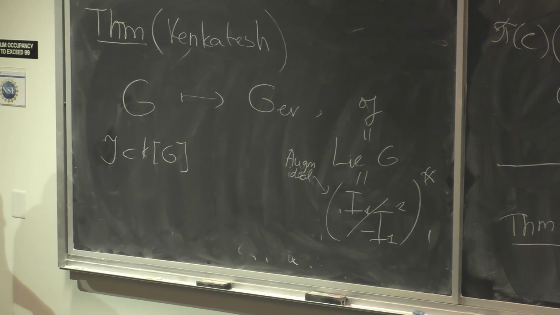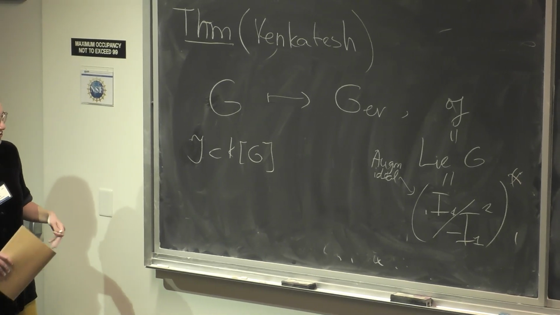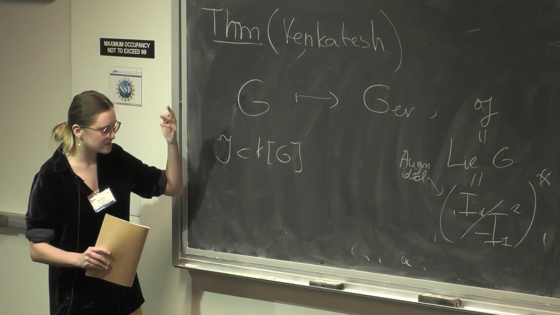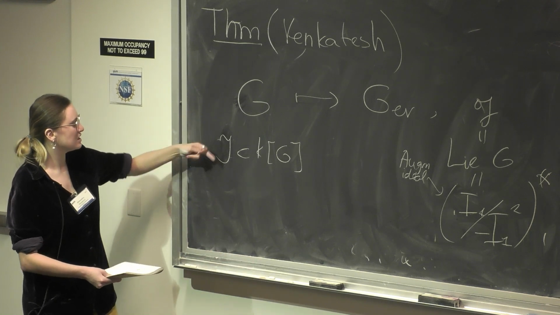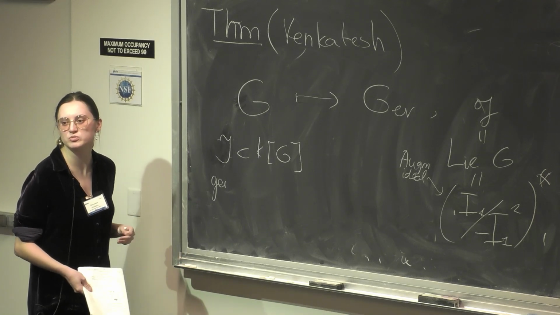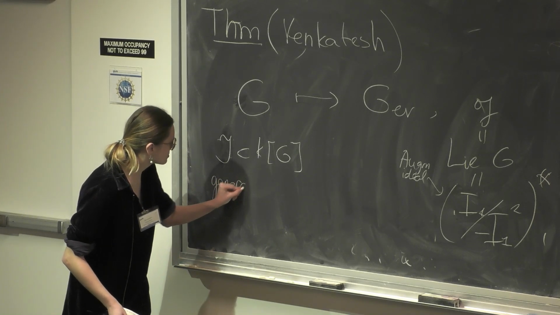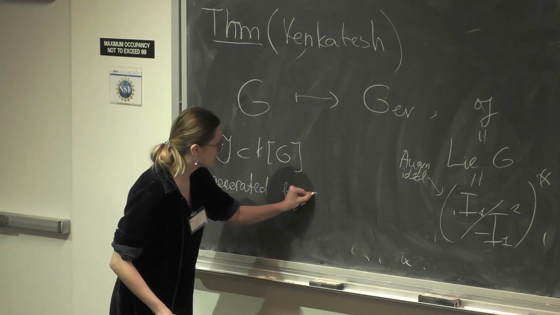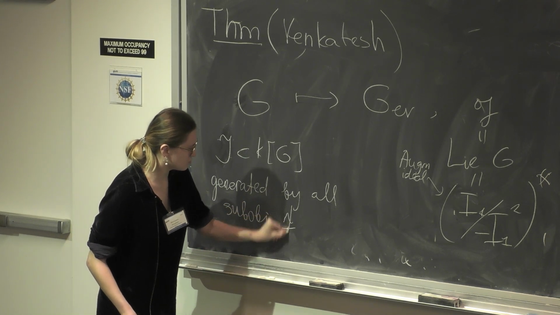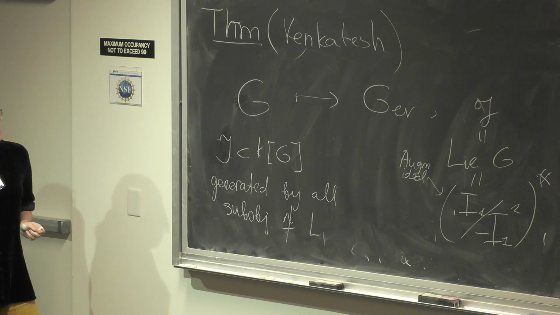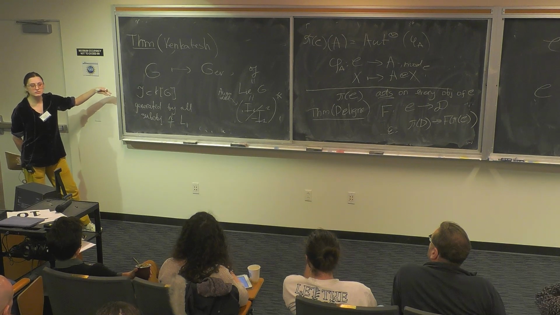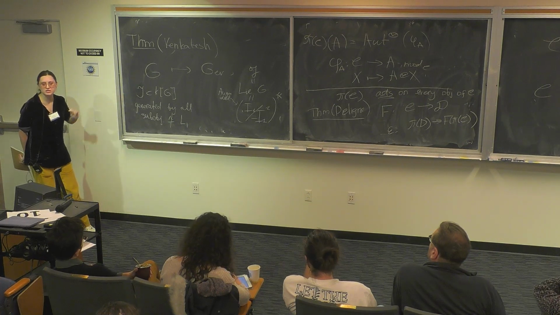In your Verlinde P, you have finitely many simple objects, and L1 is the monoidal unit. So let's consider the ideal generated by all subobjects in K of G that are not isomorphic to L1, the monoidal unit. Well, if we were in the setting of supergroup schemes, this would give me the ideal generated by the odd elements in K of G.